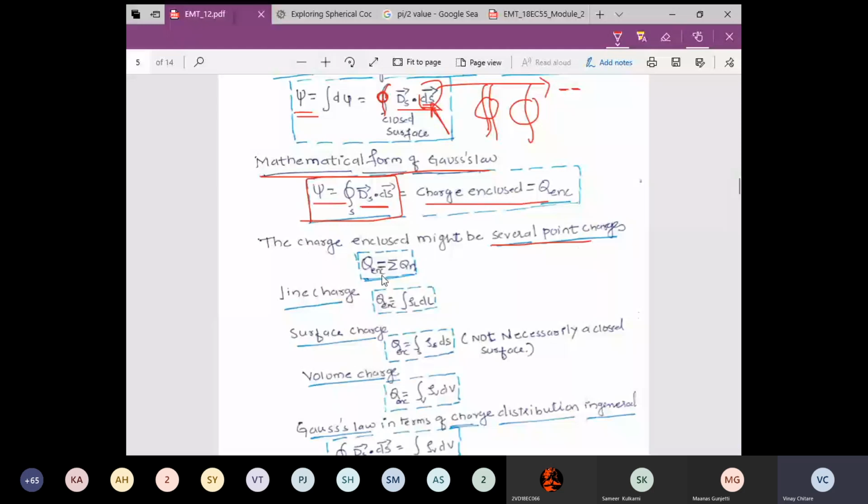Now the charge enclosed inside a closed surface might be several point charges, indicated by Q enclosed as the summation of Q1, and so on. It can also be enclosed by a line charge, in which case the total charge is the integral of rho L dl.